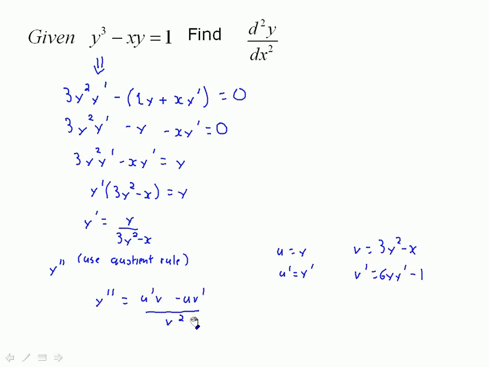So I'm going to bring up a new screen to get a little bit of space. So the second derivative, I'll indicate it like that, equal to u prime, so that's y prime times v, which is 3y squared minus x, minus u, which is simply y, multiplied by v prime, which we've got to be 6y y prime minus 1, and then this is all over v squared.